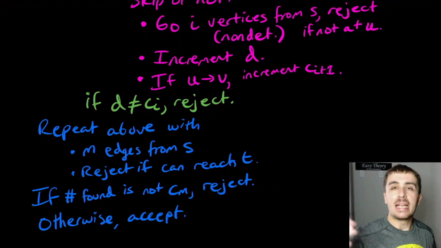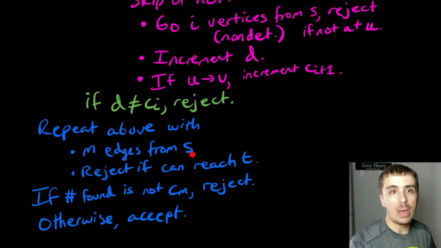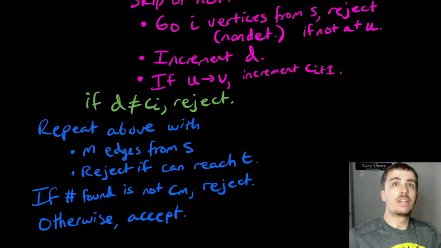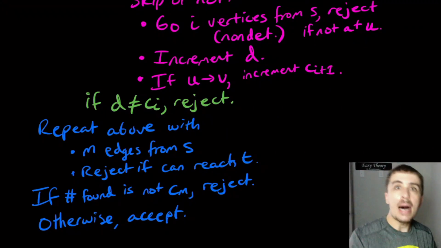So what's happening here is we are forced to keep track of the number of vertices that we can see at most m edges away from s. If the number is not this particular number, then we reject. And so therefore, we must have explored as far as we possibly can go. And so therefore, we will have shown that s is not connected to t if we hit this step.